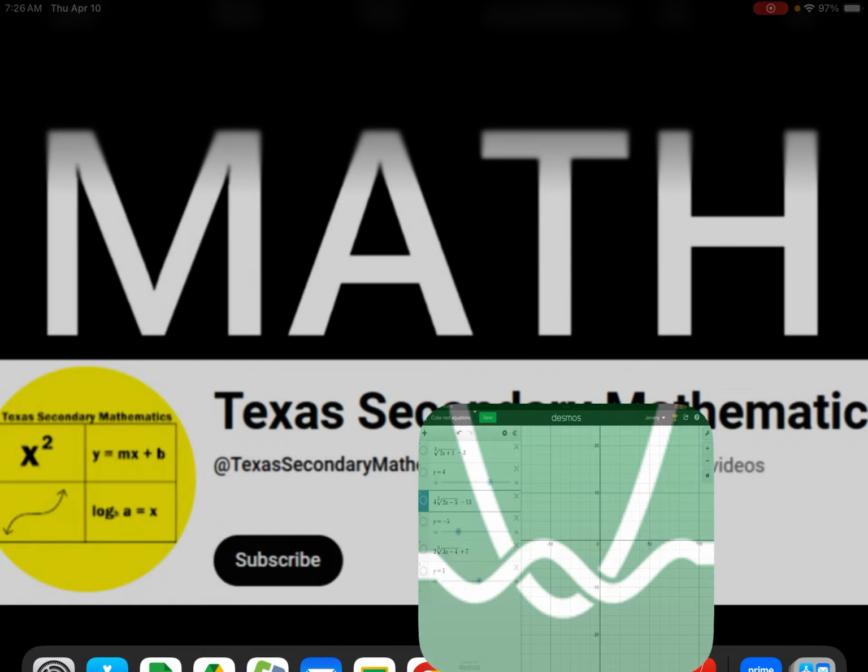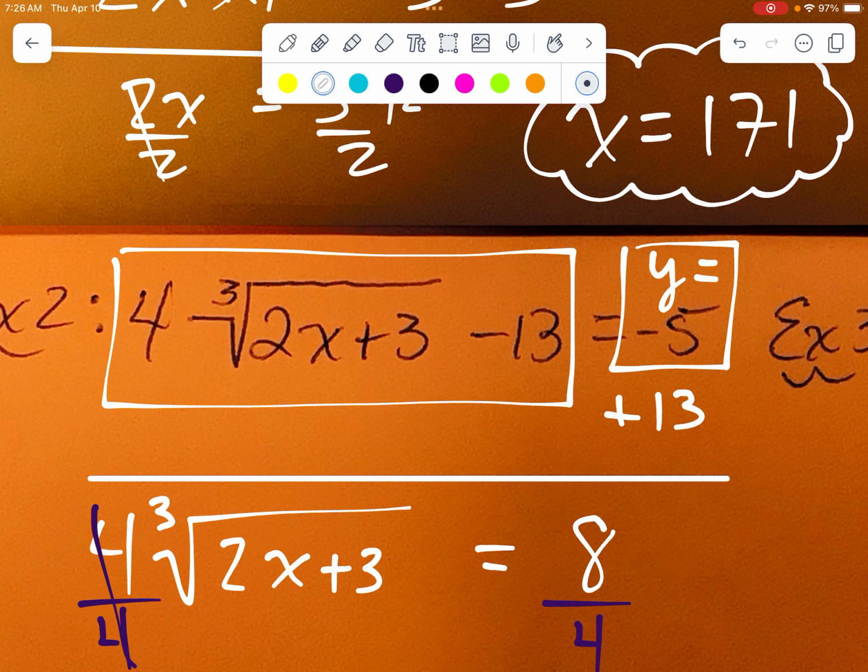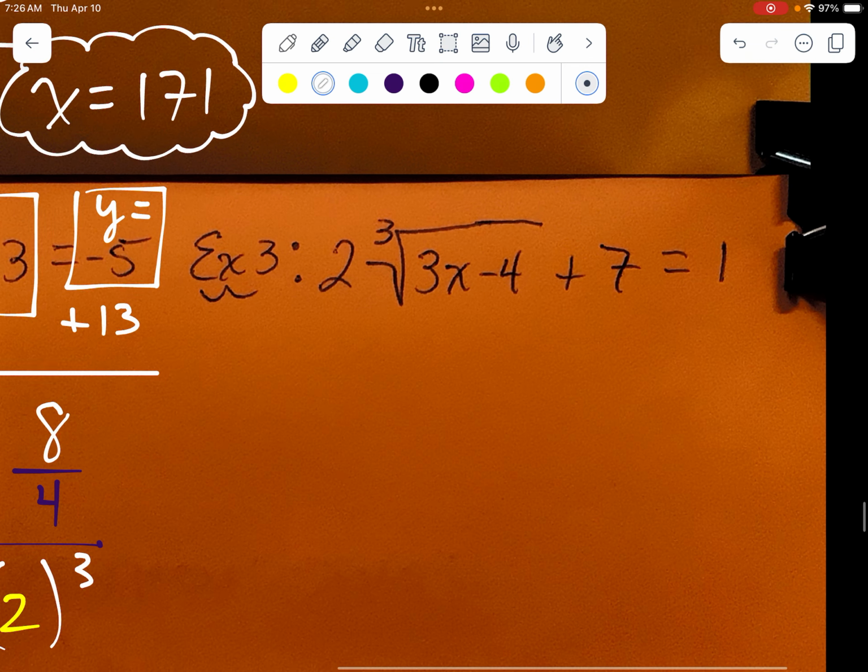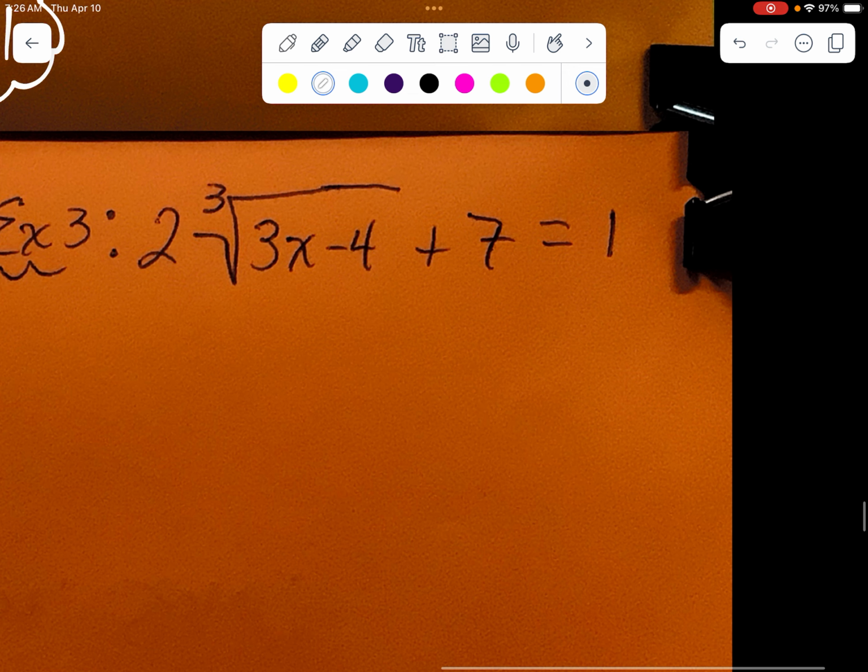All right, one more. Our goal, let's get the house. We want to get this guy right here by itself, the cube root of 3x minus 4. To do that, we're going to start with add and subtract, so we're going to do the opposite of plus 7. We are going to subtract 7 to the other side.